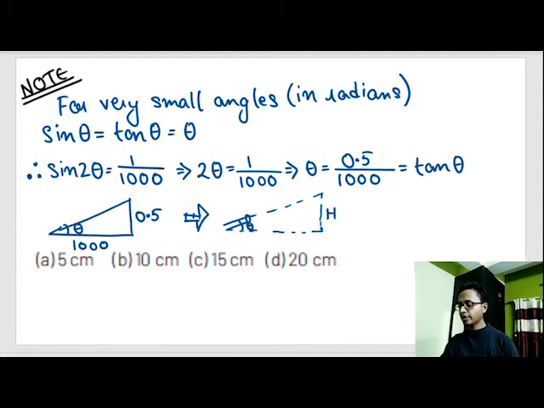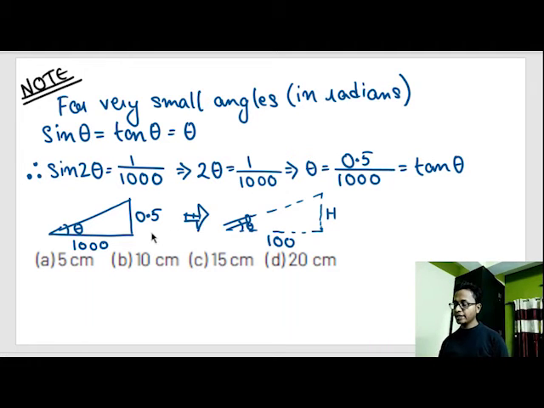This distance from the gun to the bullseye is given as 100 meters. Now these two triangles are similar in nature.